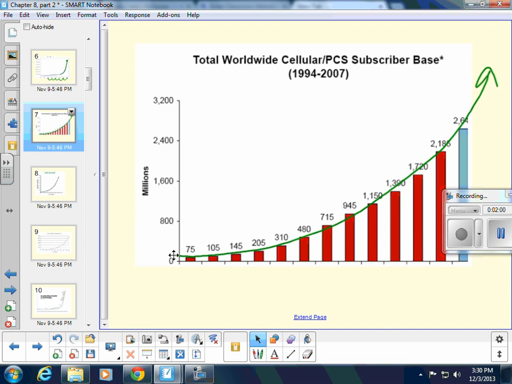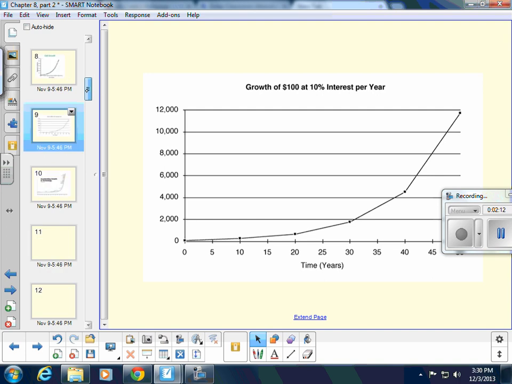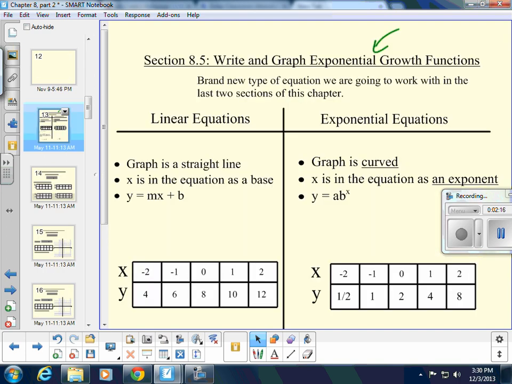So most technologies do something like that as well. And sometimes even money, when you invest money, can also follow some kind of exponential relationship. So just a few examples of what we're getting into, relationships that look like that in the graph. And again, we'll talk about how we can figure those out here on this first page.